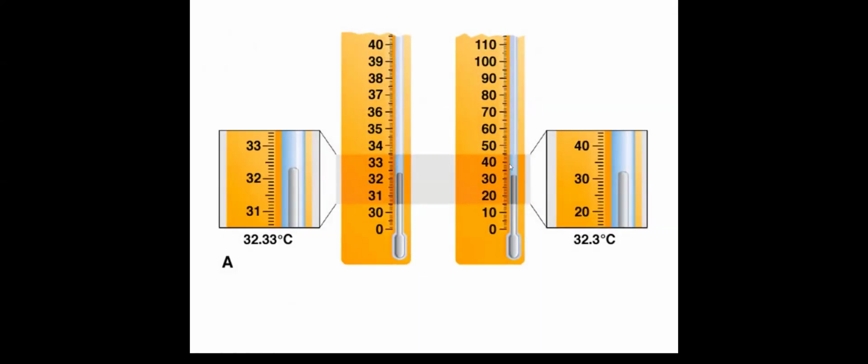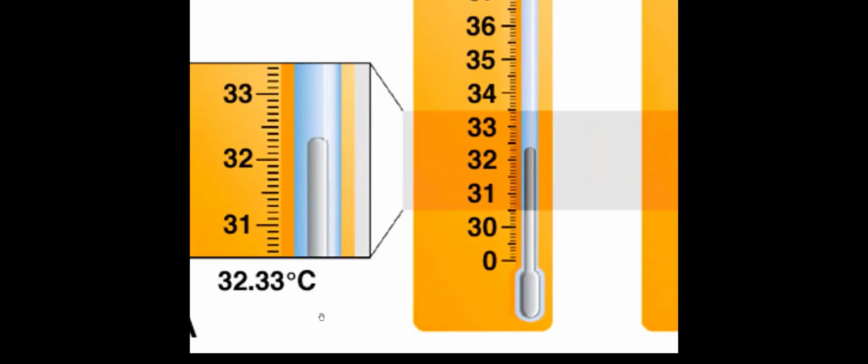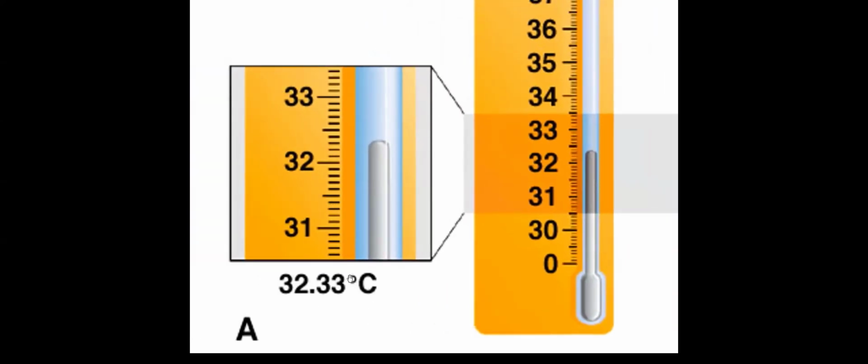Okay, do you see that the thermometers are different in the way that they're structured here? If we look very, very closely at the thermometer on the left, look at the smallest markings. This is 32, this is 33, but in between, what is this line right here?